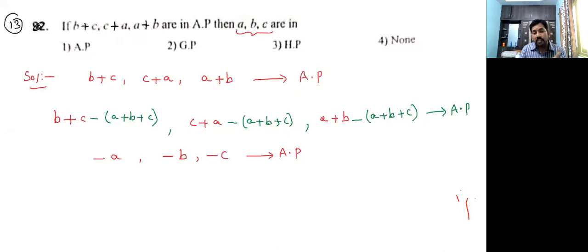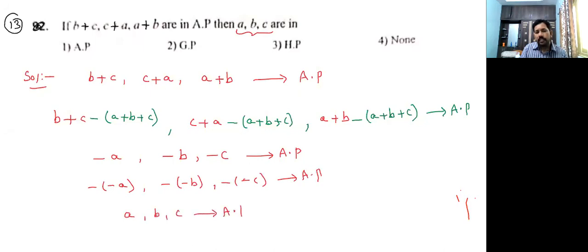They didn't ask minus A, minus B, minus C. If you multiply with minus, minus of minus A, minus of minus B, minus of minus C. So this is also AP only. Now do the calculation. A comma B comma C are in AP series. Students, do you understand which option is correct? First option.